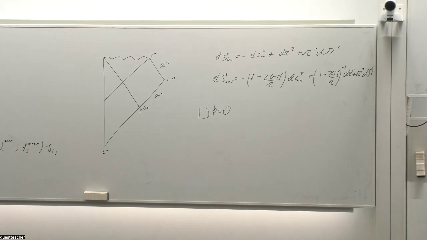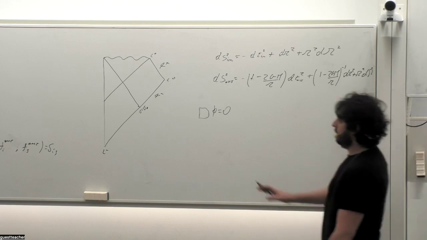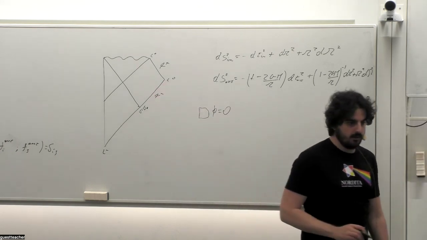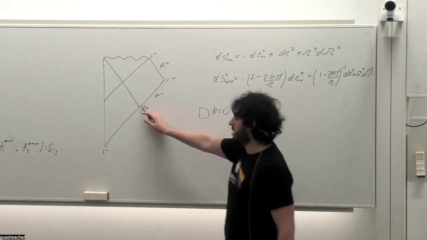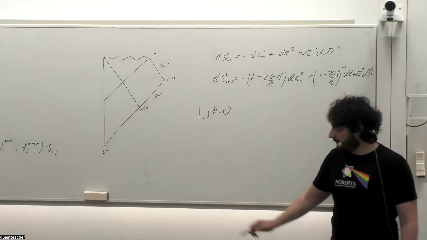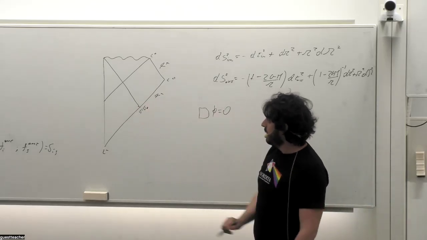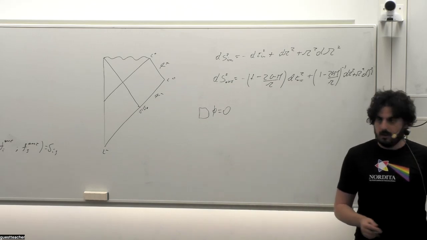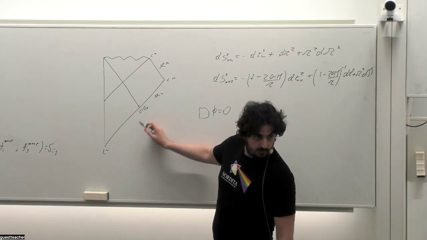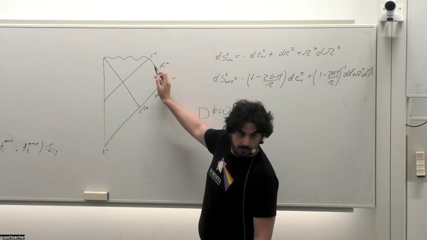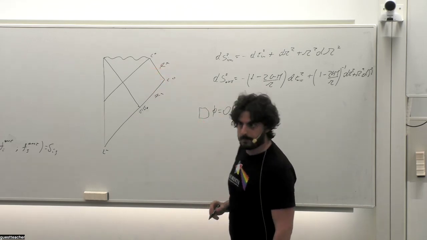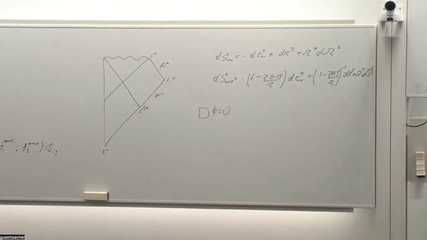The in region is going to be very far in the past. Of course, if you have a null shell, this kind of spoils because the time dependency is never here. But what I'm going to define as in region is an observer living on Scri minus, and out region an observer living on Scri plus.